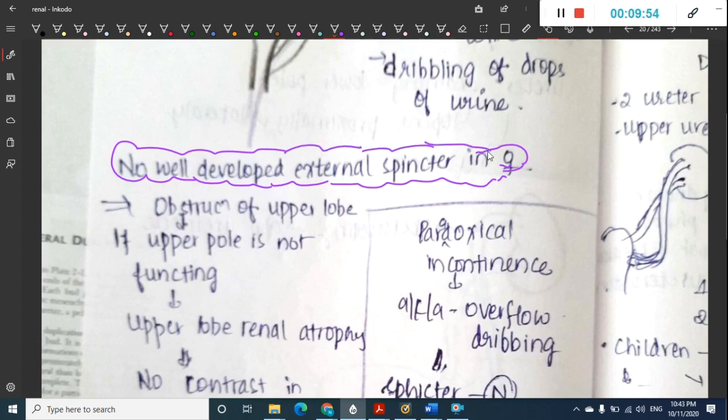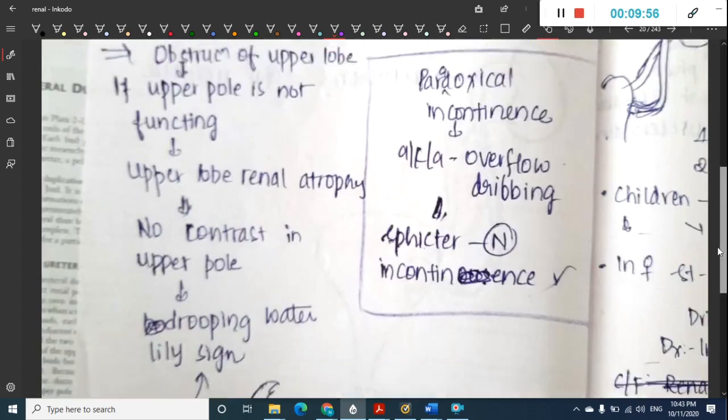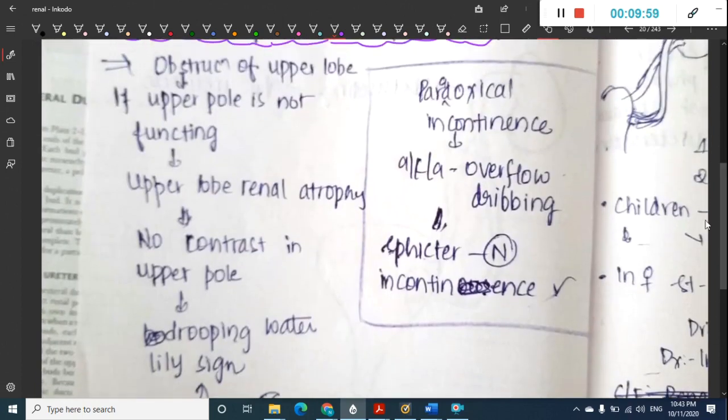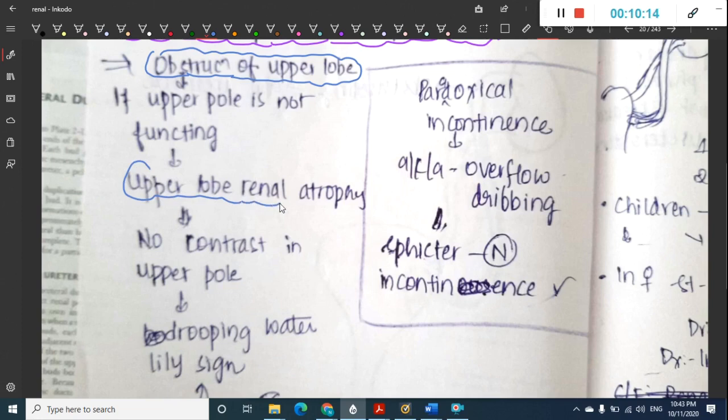So how is the drooping lily sign shown? I would like to explain that also. Whenever there is obstruction of the upper pole ureter, the upper pole is not functioning.